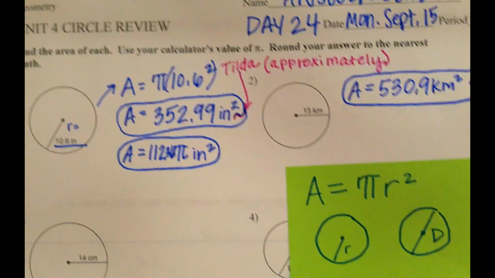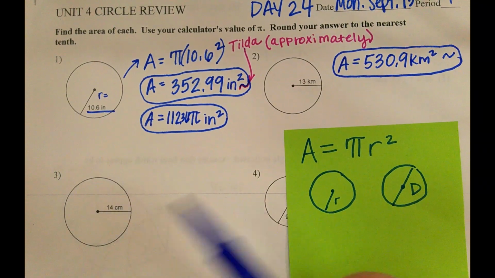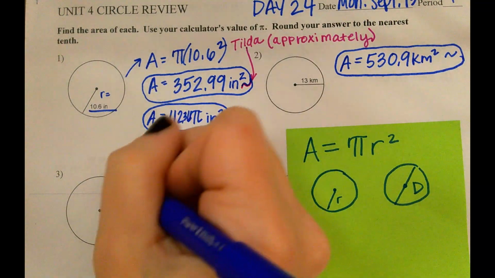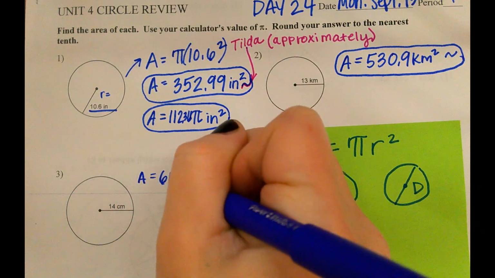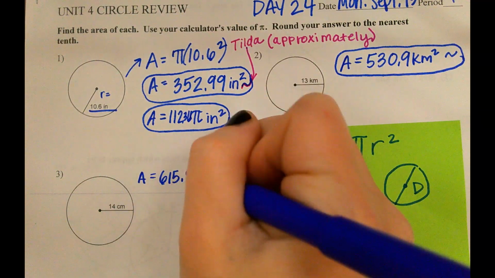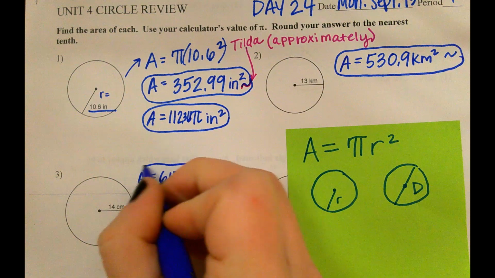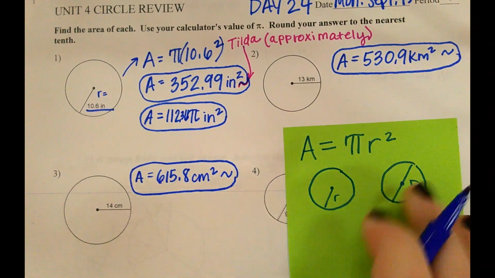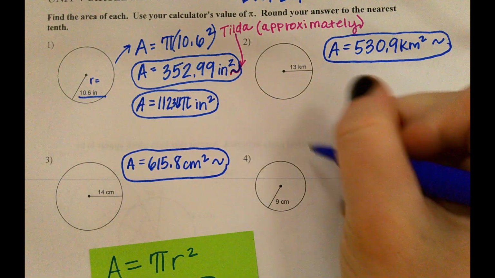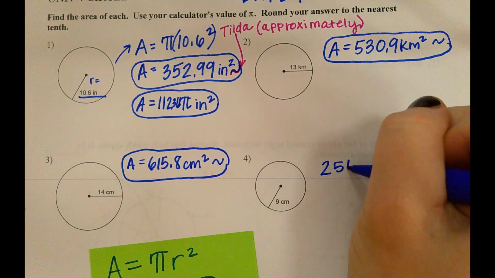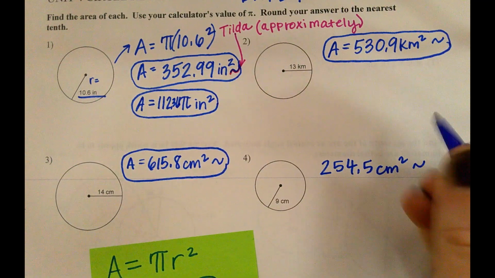That's number 2. Number 3, our answer for area would be 615.8 centimeters squared, approximately. And number 4, 254.5 centimeters squared, approximately.